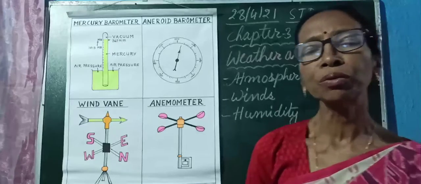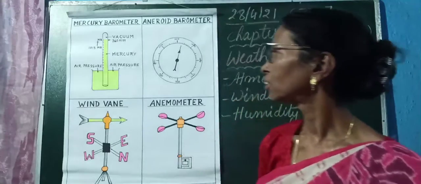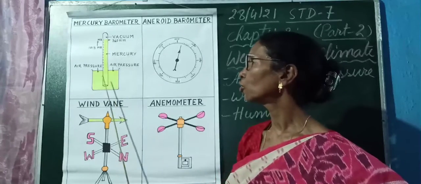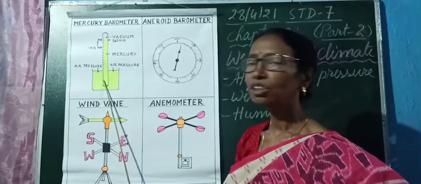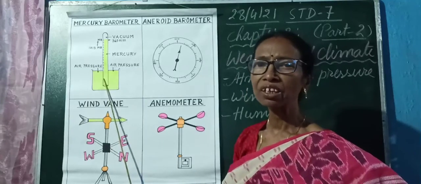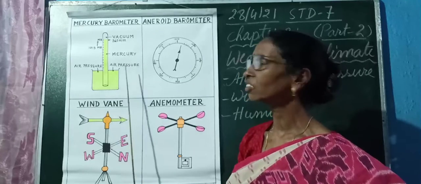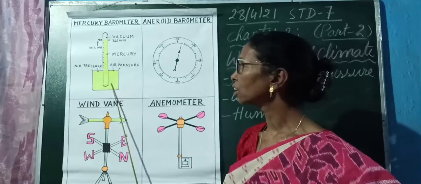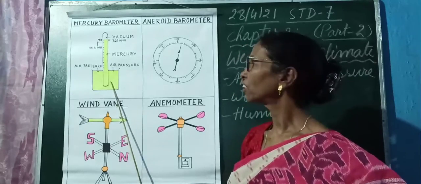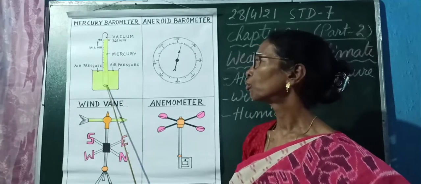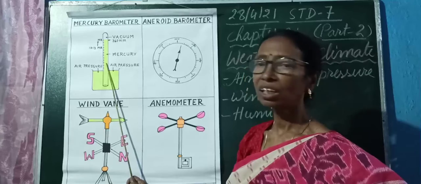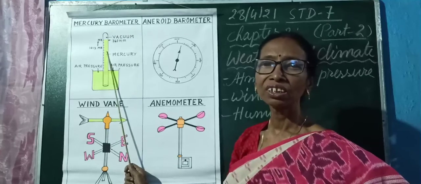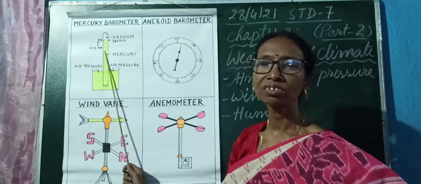So how does a mercury barometer work? There is a glass tube which is sealed at the upper part, and the open part is dipped into a container which is filled with mercury. When the atmospheric pressure increases due to the air pressure, the mercury in the container is pushed, and that pushes the mercury column in the glass tube, and with the help of an indicator it shows how much it is increasing or decreasing.